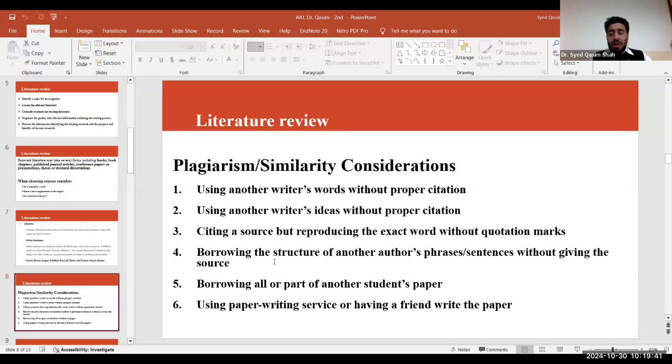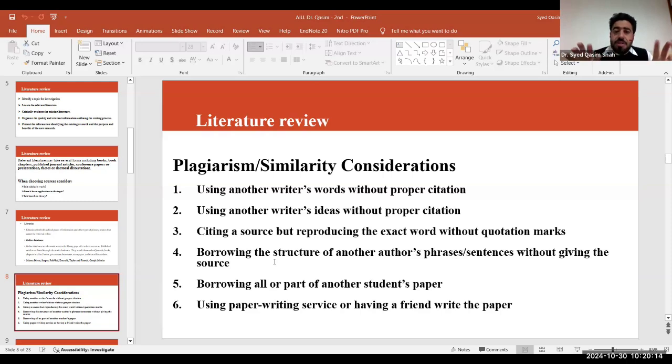Let's say the agency theory presented by Jensen and Meckling in 1976. This is their idea. We need to cite properly. If we are citing, it means we are not in the domain of plagiarism, and we are not claiming this is our idea. We are claiming that this idea is based on an idea already presented by these individuals, whosoever has presented this idea.